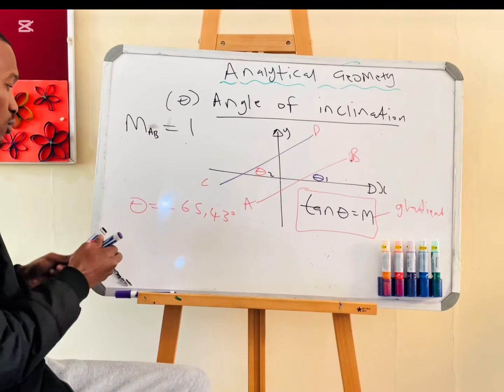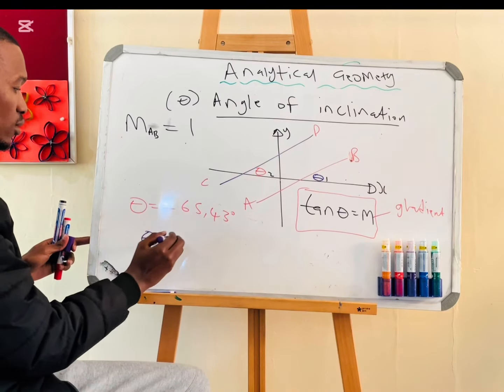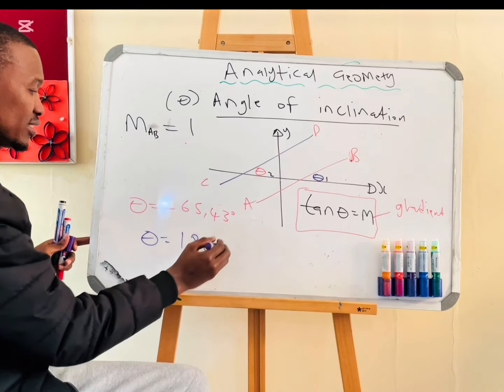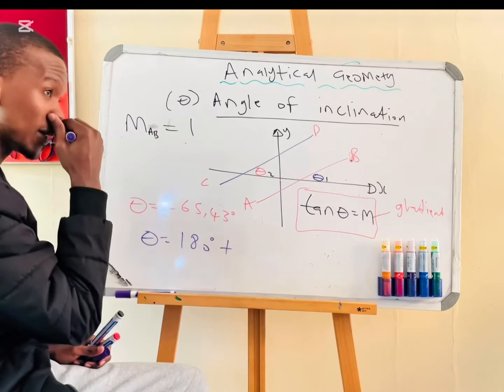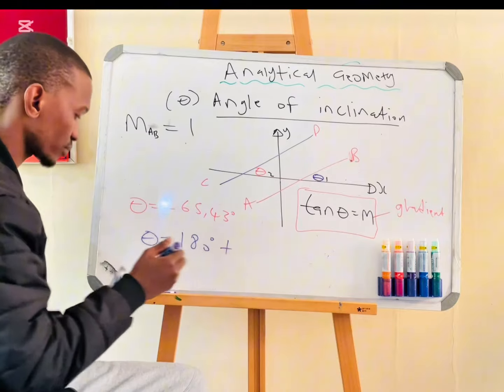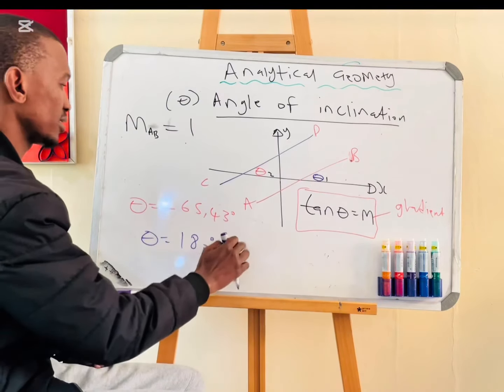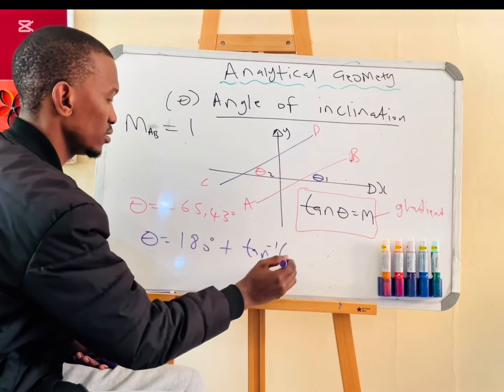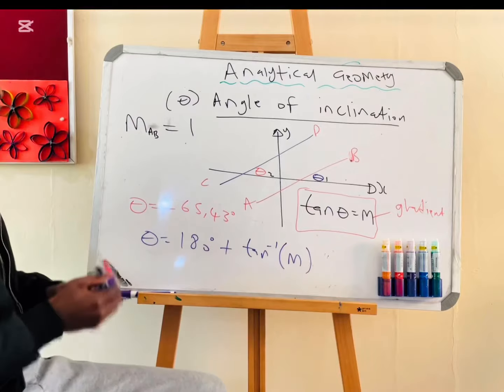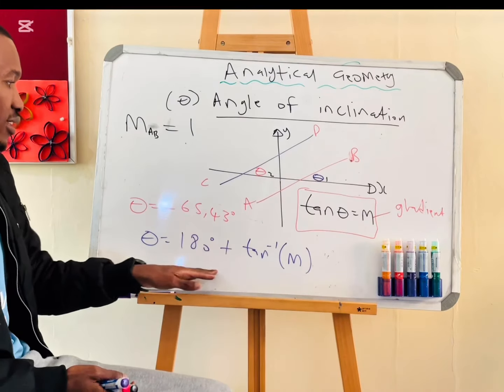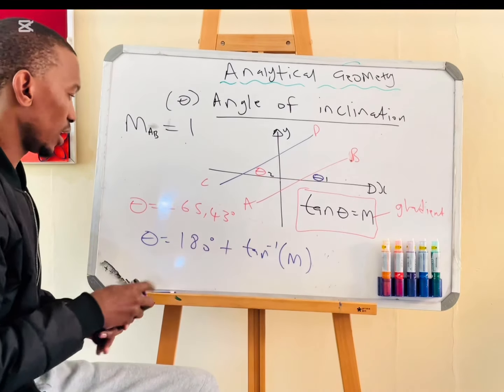So here's the formula. We say that theta is going to be equal to 180 degrees plus the angle that you just calculated, basically plus arctan of m. This is the formula I can give you guys, right? Let me show you.